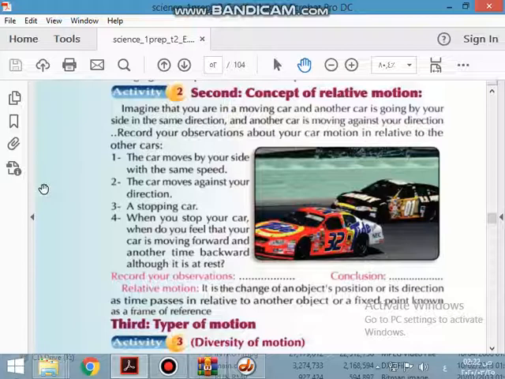If you are in a stopping car and another car moves forward beside you, you will imagine that your car moves backward. And if your car moves beside a stopping car, you will imagine that your car moves forward and the other car goes backward.